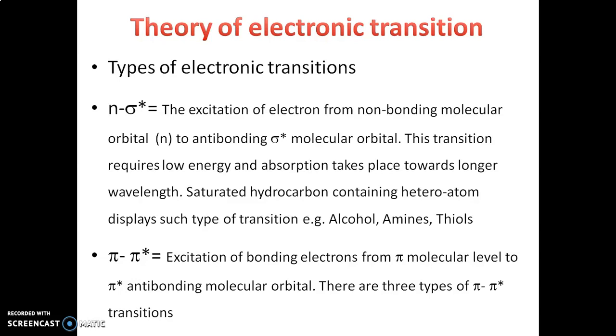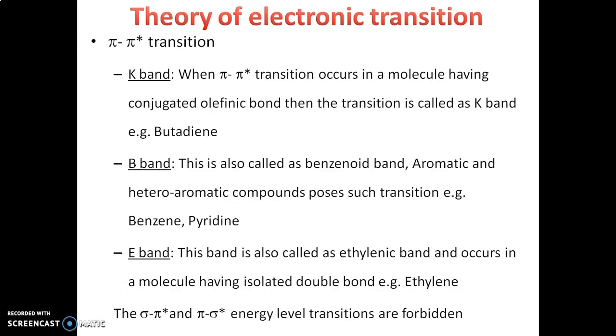There are three types of pi to pi star transition. First is the K band. When pi to pi star transition takes place in a molecule consisting of conjugated double bonds, such a transition gives us the K band.